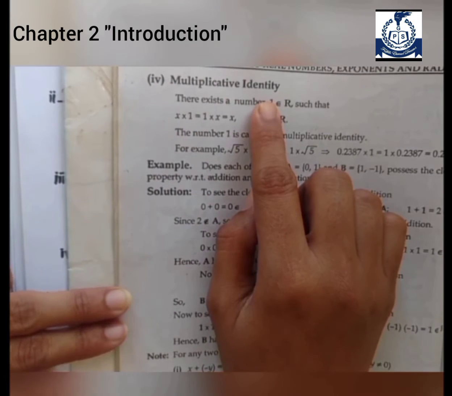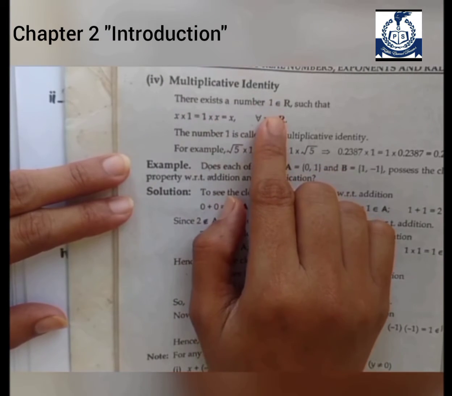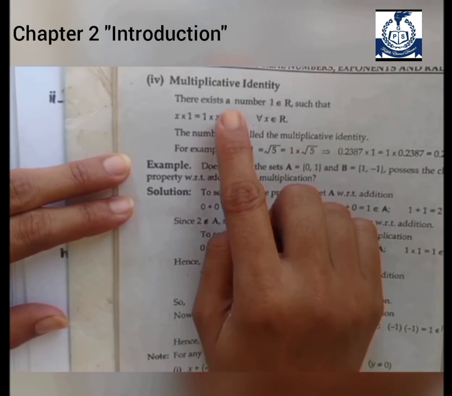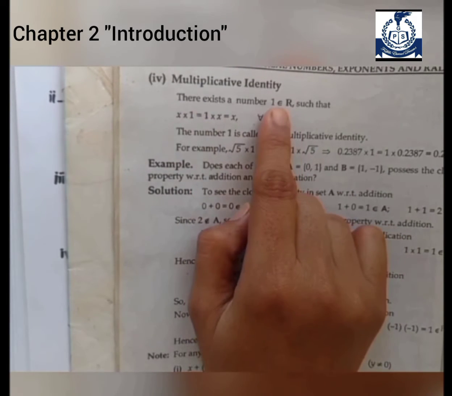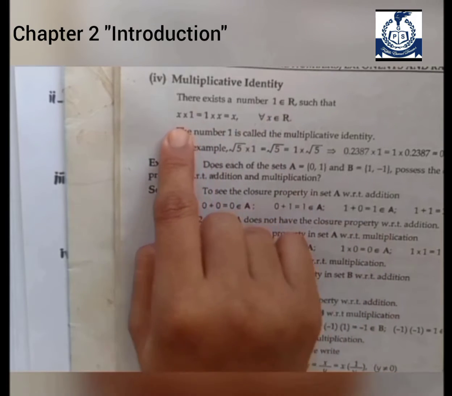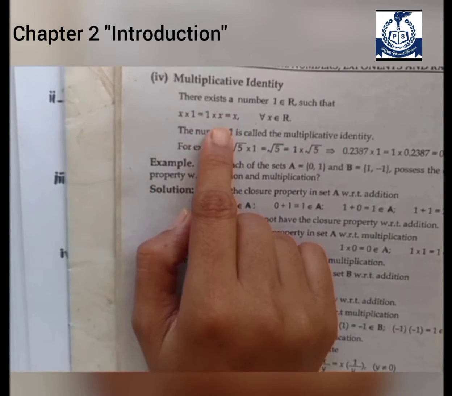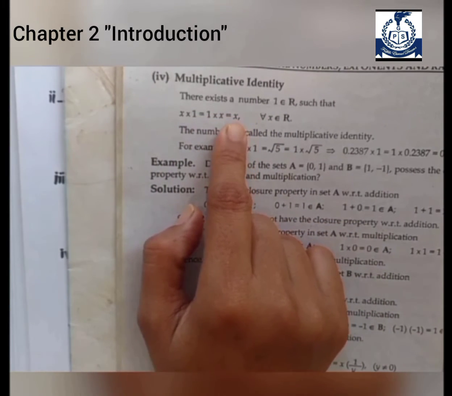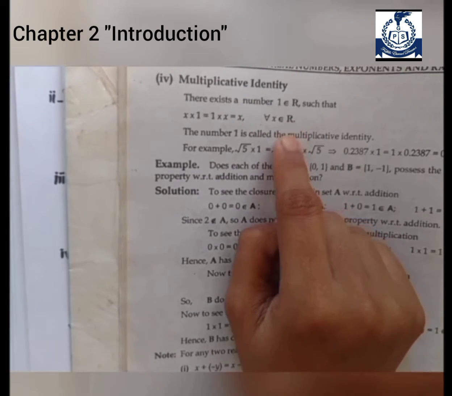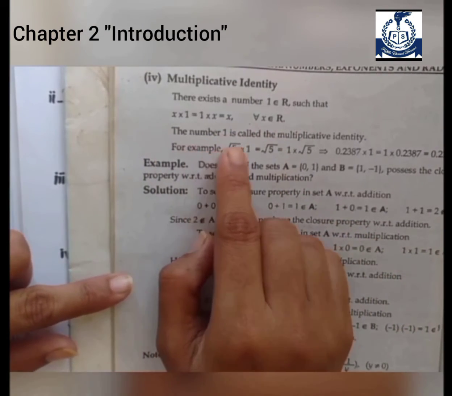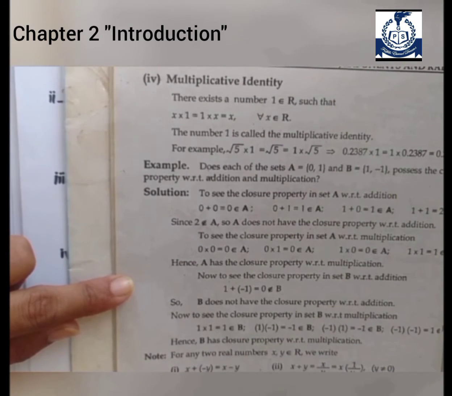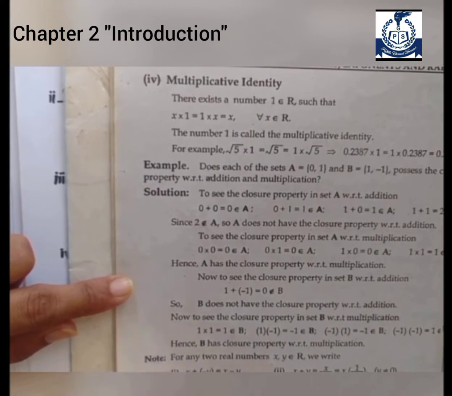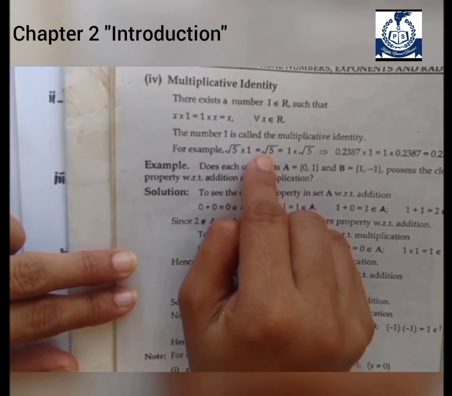Multiplicative identity. There exists a number 1 belonging to real numbers such that, just as in additive identity we have the condition x plus 0 is equal to x, in multiplicative identity we have the condition x multiplied by 1 is equal to x. If we multiply x by 1 or 1 by x, in both conditions we get the same answer, x.